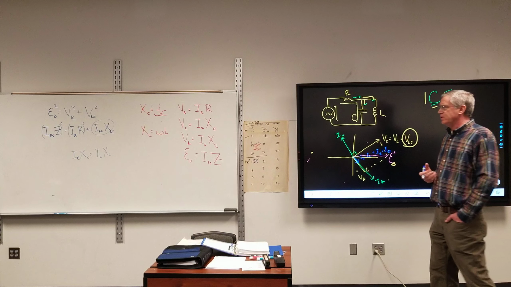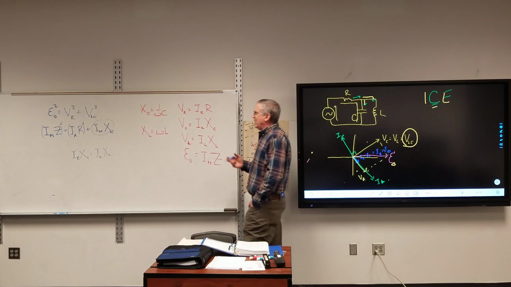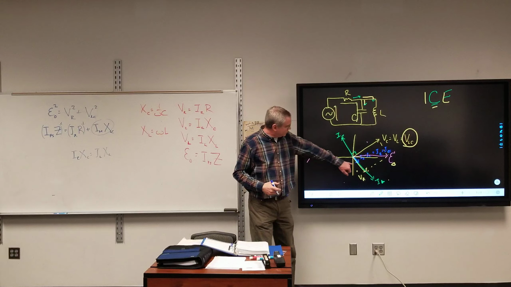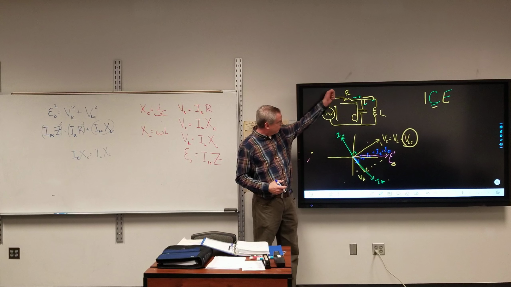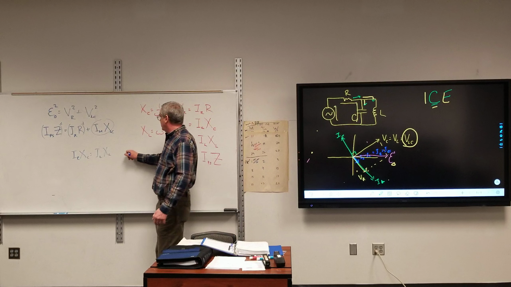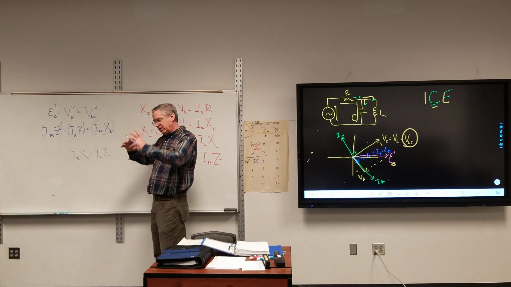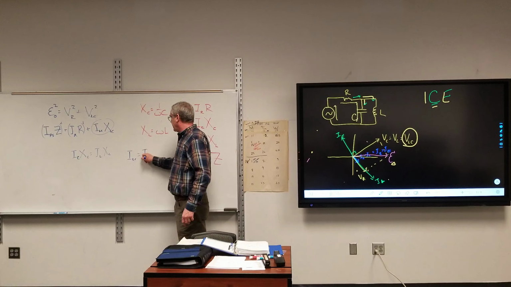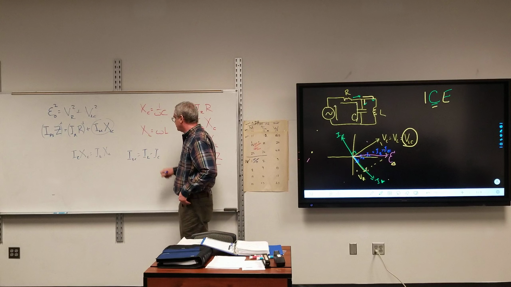That's sort of what we're faced with. Well, ILC, the current that flows into it, is just the difference. I know that the current flowing into that LC structure is equal to IL minus IC.